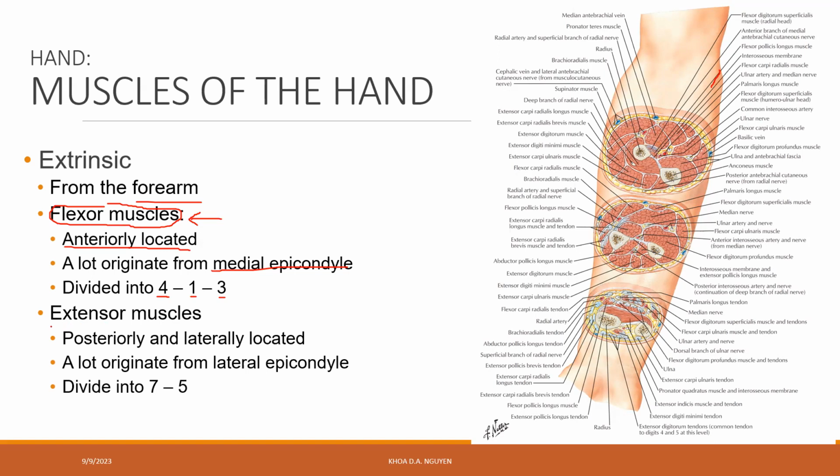Then you have the posterior extensor muscles, and these extensor muscles are laterally and posteriorly located. A lot of them originate from the opposite of the medial epicondyle, which is the lateral epicondyle. They are divided into 2 layers: a more superficial layer with 7, and then 5 on the deep layer of muscles.